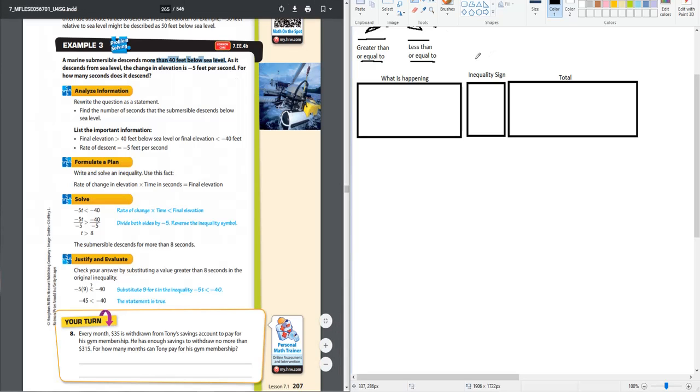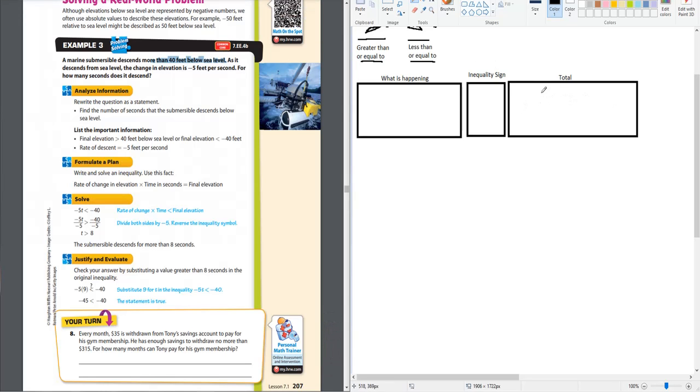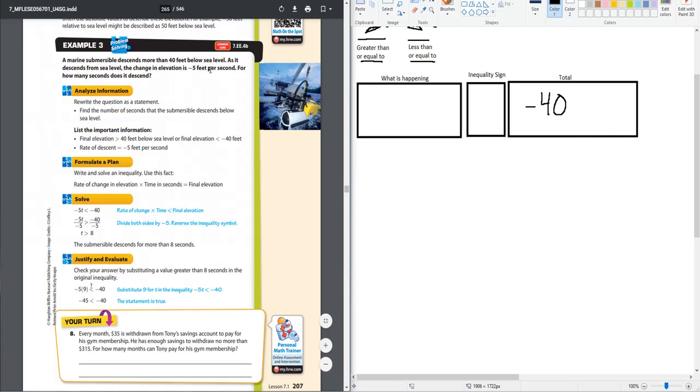So that means I'm going to put the 40 here, but remember it's below sea level, so it would be negative 40. That's kind of a real world interpretation here. When you're reading this stuff, you have to think, okay, is this a positive value or a negative value? Because not all values are positive. In this case, it's a negative value because it's below sea level.